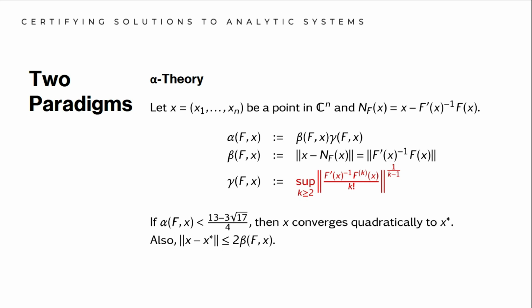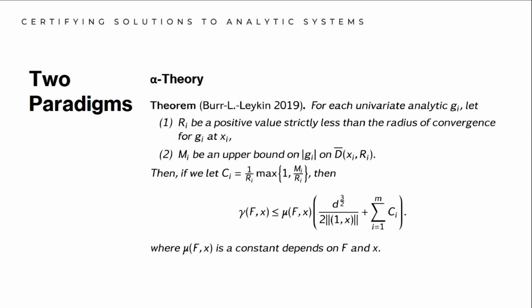So the natural question is, do we have such an upper bound when we have an analytic system? We now suggest the theorem here. Let's say that we have univariate analytic functions, which I called ingredients before. Let's say that we have gi, which corresponds to xi, the coordinate of x here. Then we need 2 oracles. The first one is a capital Ri.